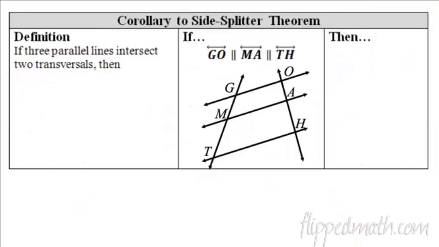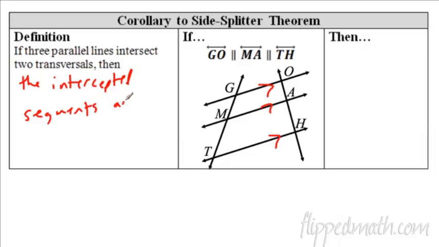Let's take a look at this. This is kind of like the perspective drawing. I've got these parallel lines. Parallel, parallel, parallel. So if 3 parallel lines intersect 2 transversals, then the intercepted segments are proportional.